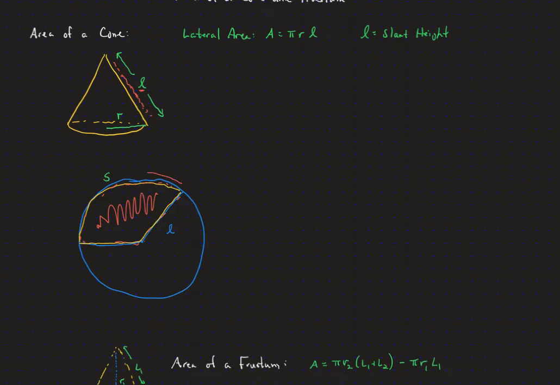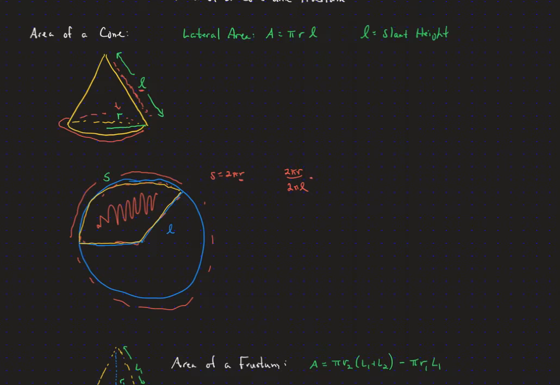So this arc length S right here is actually the circumference of the circle of our cone right there. So that S is going to be 2 pi r, where the r is that radius in our cone. That means the area of that little yellow sector is going to be 2 pi r over the whole circumference of that big circle, which is 2 pi L, because L is the radius of the big one.